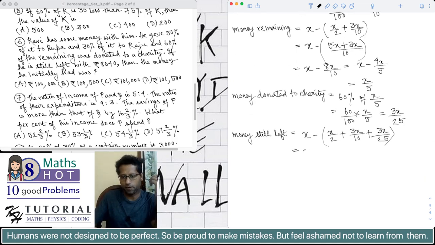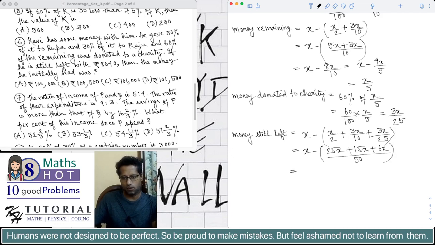Let's first simplify the expression inside the bracket, this one. So what will be the LCM of 2, 10 and 25? It will be 50. So it will be 25x plus 15x plus 6x divided by 50.